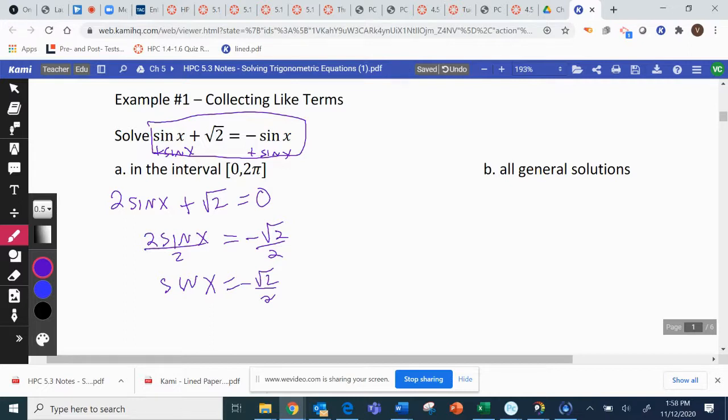You may be asked one or the other. So for question A, I'm asking you to find, within the interval of 0 to 2 pi, what x values would make sine negative radical 2 over 2. This is the stuff that we did back in chapter 4, where from 0 to 2 pi, there would be 2 places where sine was negative. What would be the reference angle? Pi over 4.